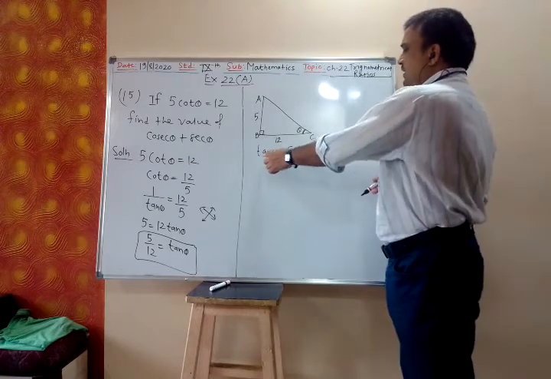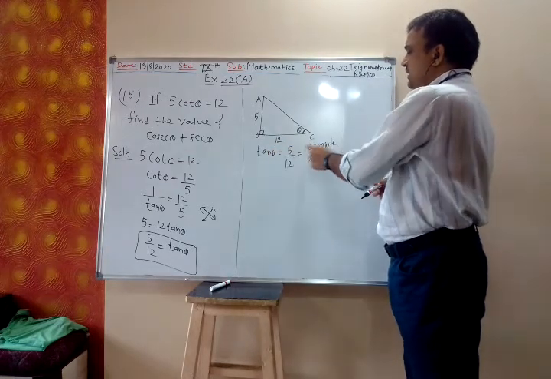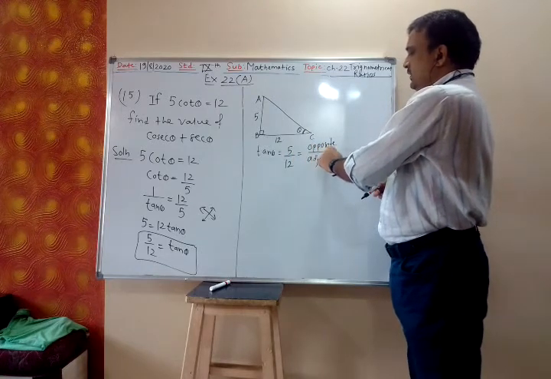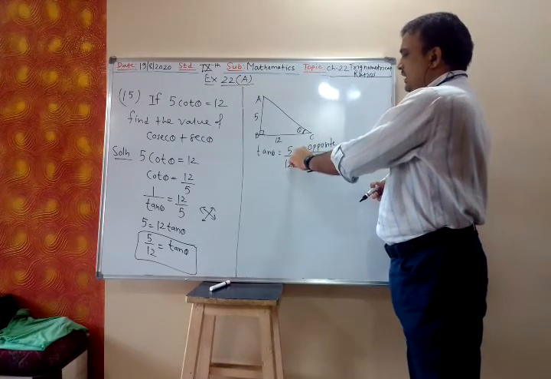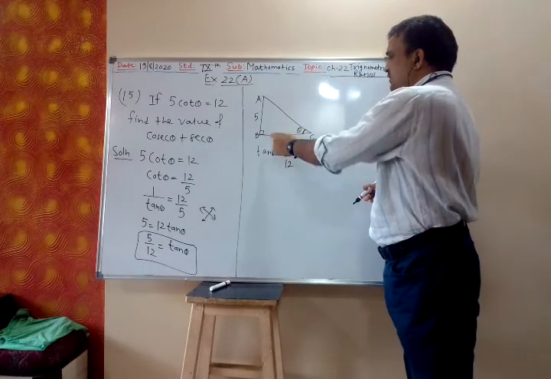I have written tan theta is equal to 5 upon 12, and tan theta is nothing but opposite upon adjacent.